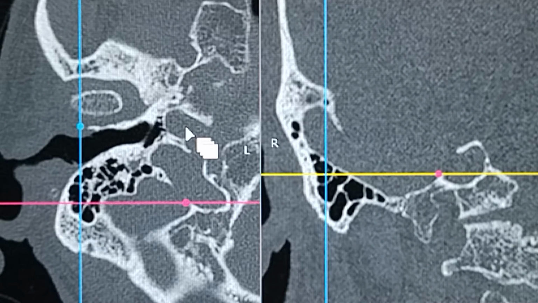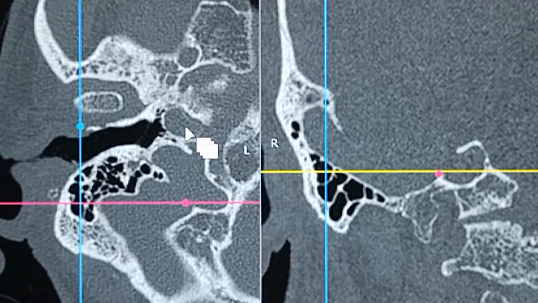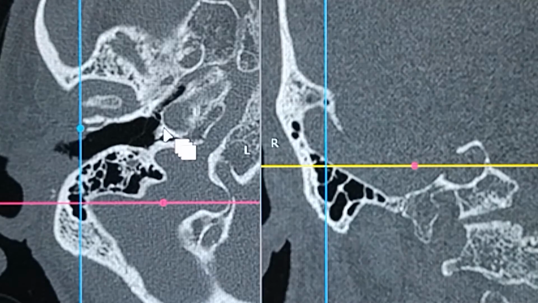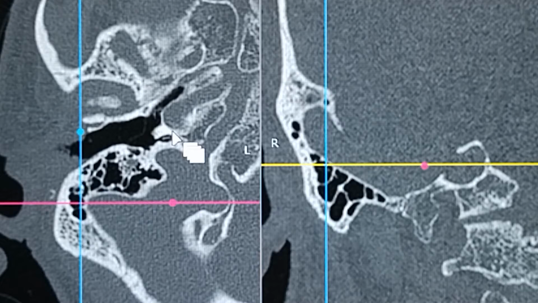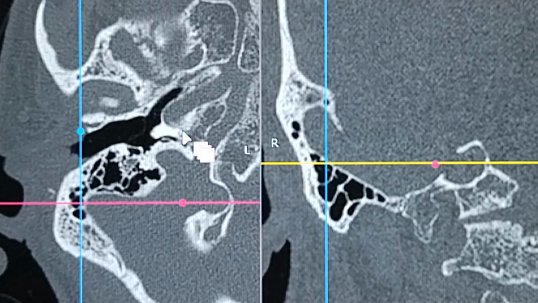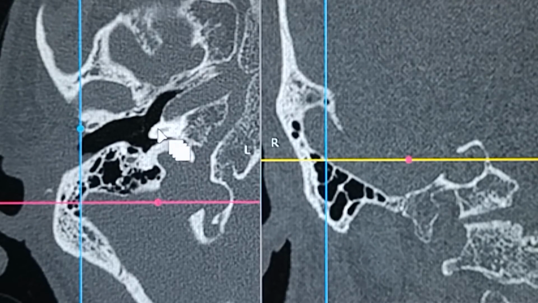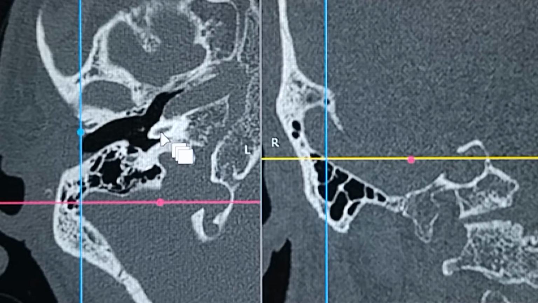As you keep going above, you see the ICA, and shortly you see a bony projection coming from the ICA. Still I keep going up, and you can see the projection becoming brighter and more prominent. And then in the very same bone, you see a shadow over here, and that is nothing but the basal turn of the cochlea.